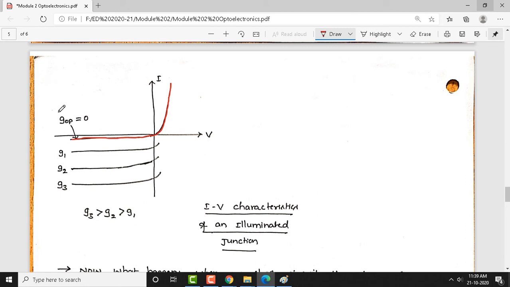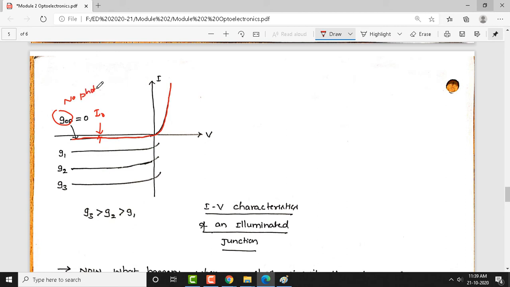G_OP equal to 0 means no photons. G_OP is the optical generation rate, so the optical generation rate is going to be 0. That means the current here is called the reverse saturation current.